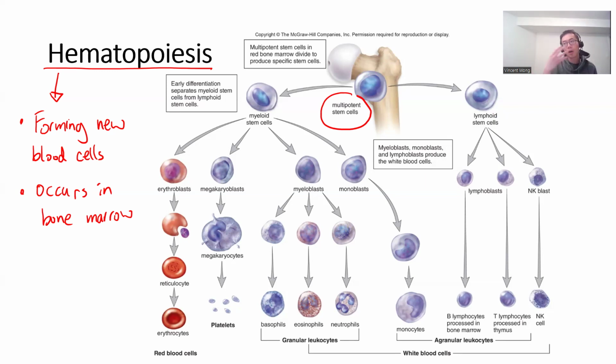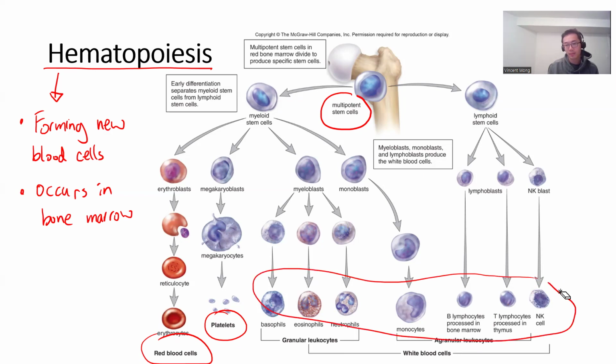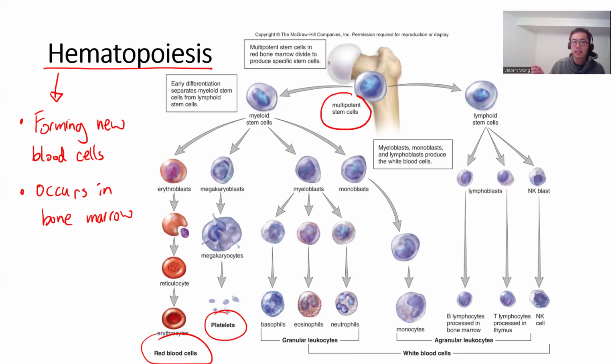Depending on what kind of stimulation they receive, they might become a red cell, they might become a platelet, and then they might become all these different kinds of white blood cells. So creating new blood cells, we say hematopoiesis. Hemato is blood, poiesis is to create. So creation of new blood cells.